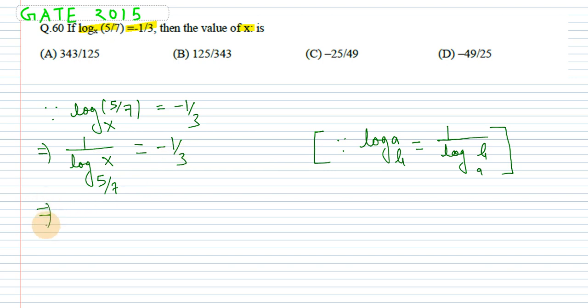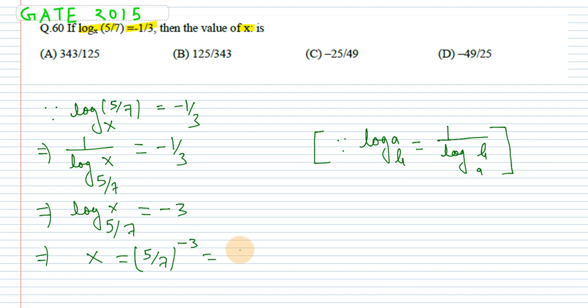Now it also implies that log x base 5 by 7 will be equal to minus 3, right? And if we simplify this, if we take 5 by 7 to the right hand side, then it will become x equals 5 by 7 power minus 3.